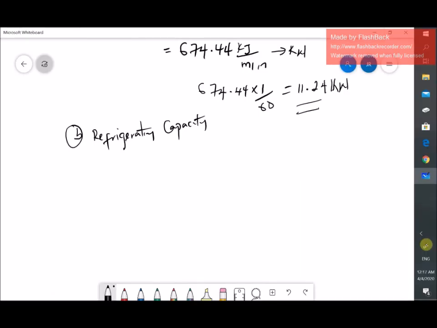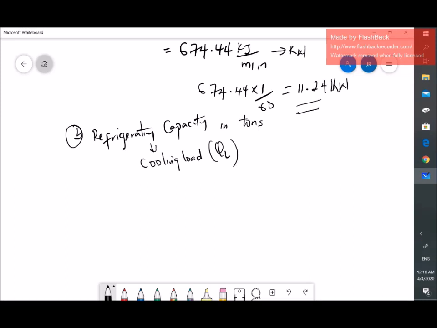Now for the B part, we are asked to find the refrigerating capacity in tons. Now this is the same thing as the cooling load, which is QL.